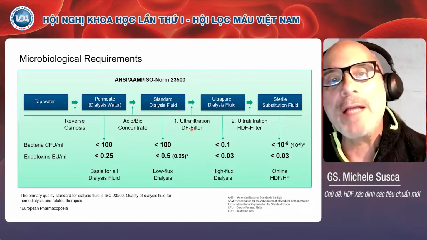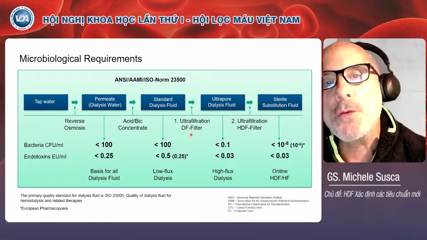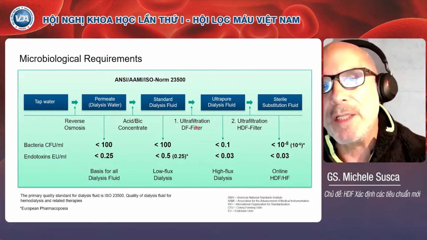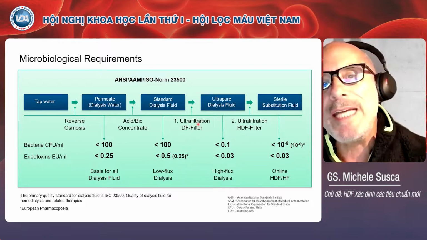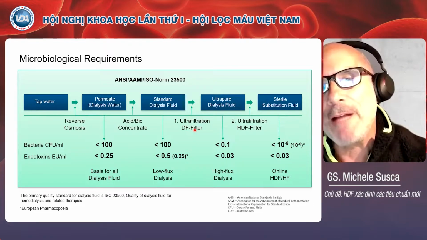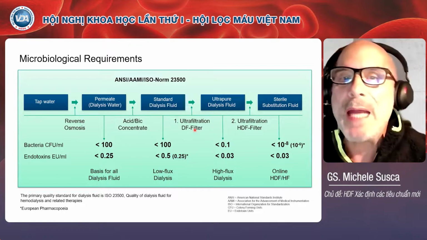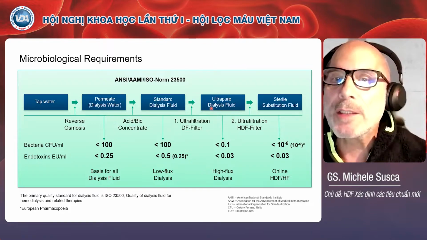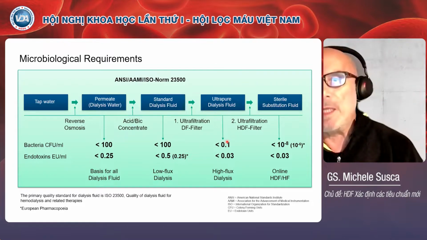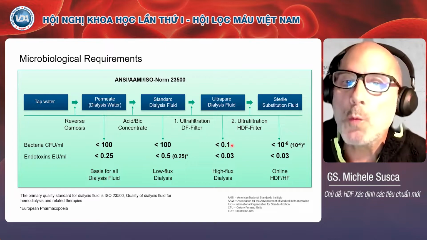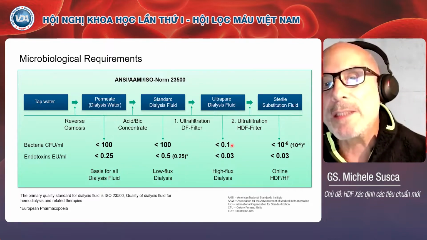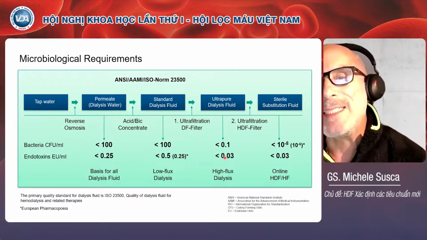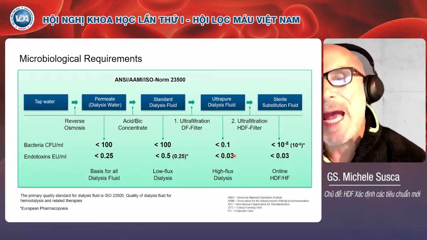So this dialysis fluid goes through an ultra filter, a so-called DF filter, which is a very fine filter and which removes many, many bacteria and endotoxins. And so we get so-called ultra-pure dialysis fluid with limits of 0.1 CFU for bacteria and 0.03 for endotoxins.